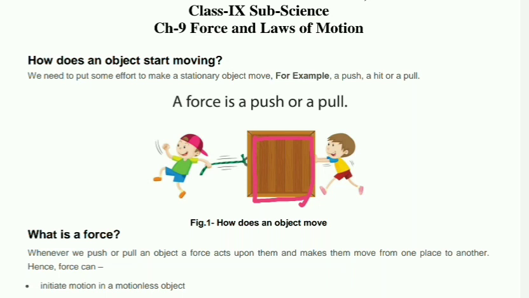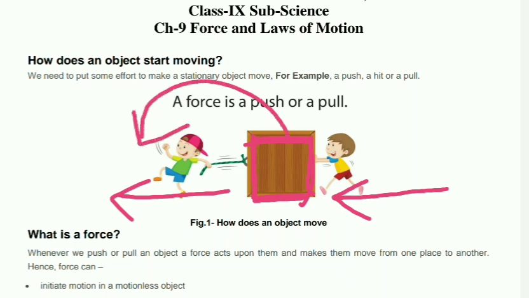One kid is pushing and the other is pulling it. Both of them are applying force on the wooden box to make it move from one place to another. After some time the box will come to this place.